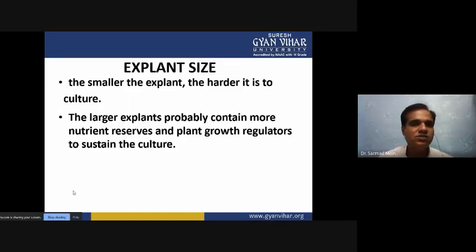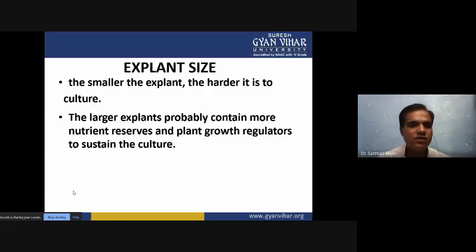Now size. If the size of the explant is very small, then it is very hard to culture it. If we take a very large explant, then it will contain more nutrient reserve and plant growth regulator, which will affect the plant growth.